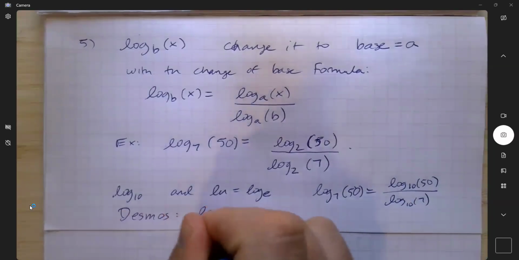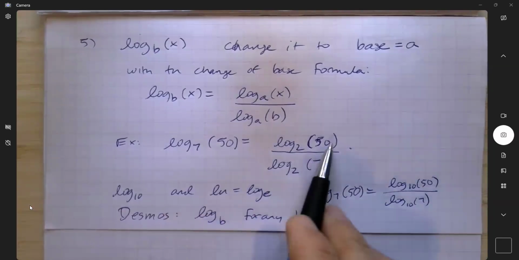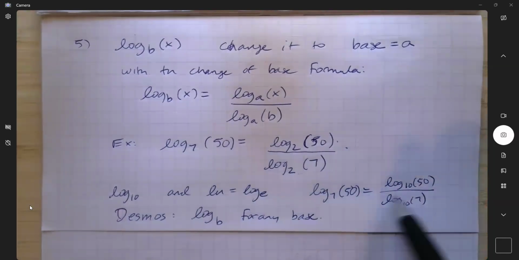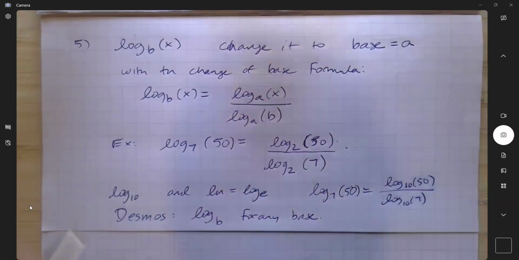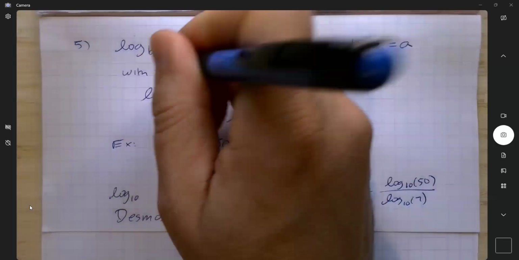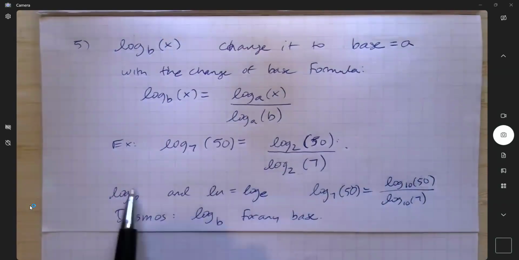Desmos can do log base b for any base. And so this tool is no longer very useful anymore. So I generally encourage you not to worry about this particular rule. A lot of rules in mathematics that we teach were developed before calculators or before flexible calculators, where you would have to use some sort of reference, like the log 10 tables, in order to answer questions. It was super important, but now we have better tools.